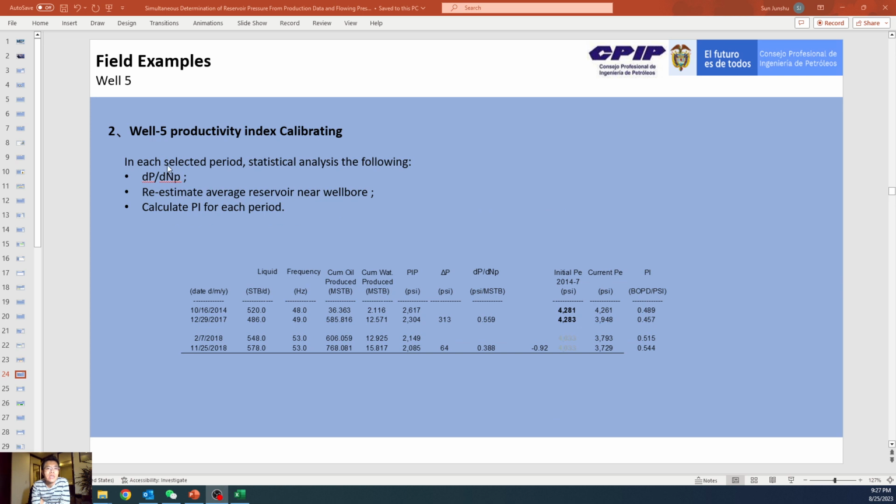In each of these three selected periods, we statistically analyze the following. First, calculate the delta P per delta cumulative fluid. Re-estimate average reservoir pressure near the wellbore. Calculate PI for each period.